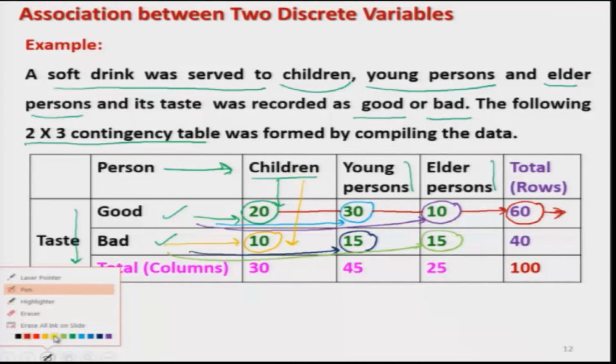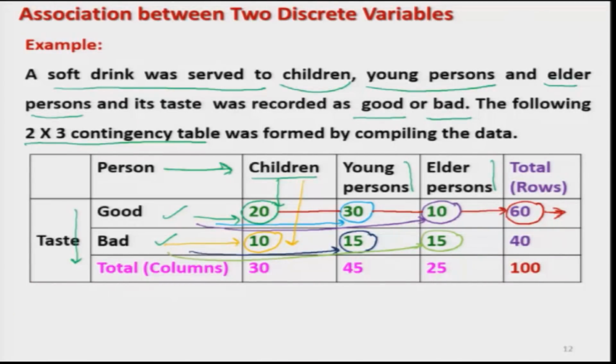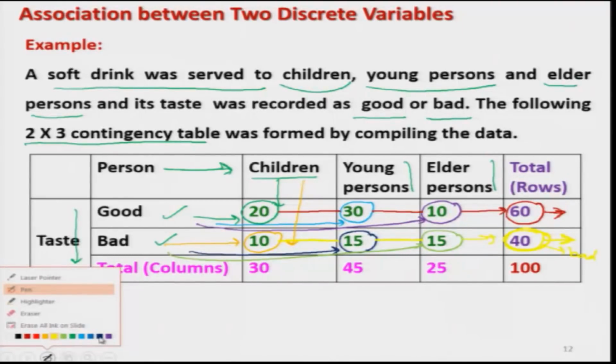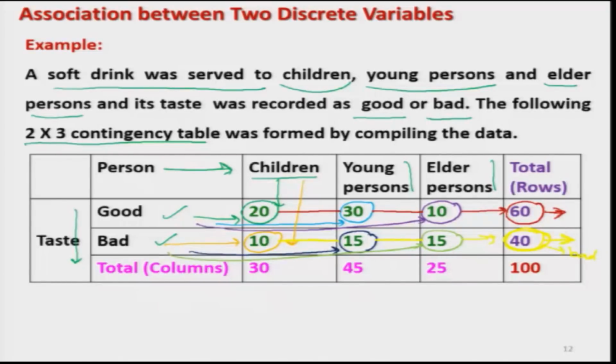And similarly, this marginal frequency, which is here 40, is obtained as the sum of 10, 15 and 15. So this number 40 indicates that out of 100, there are 40 persons who are saying that the drink is bad.